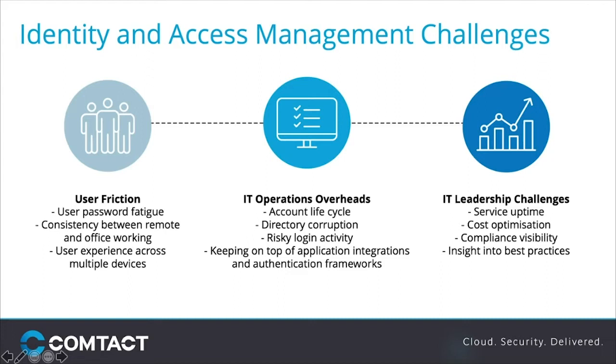Some of the problems in the user friction space are about password fatigue, where users go on a holiday, forget their passwords, and then they come in and ring the service desk and say, what's my password? So we want to address that. There's also consistency between remote working and office working, where they see two different screens and they're confused about what's going on.